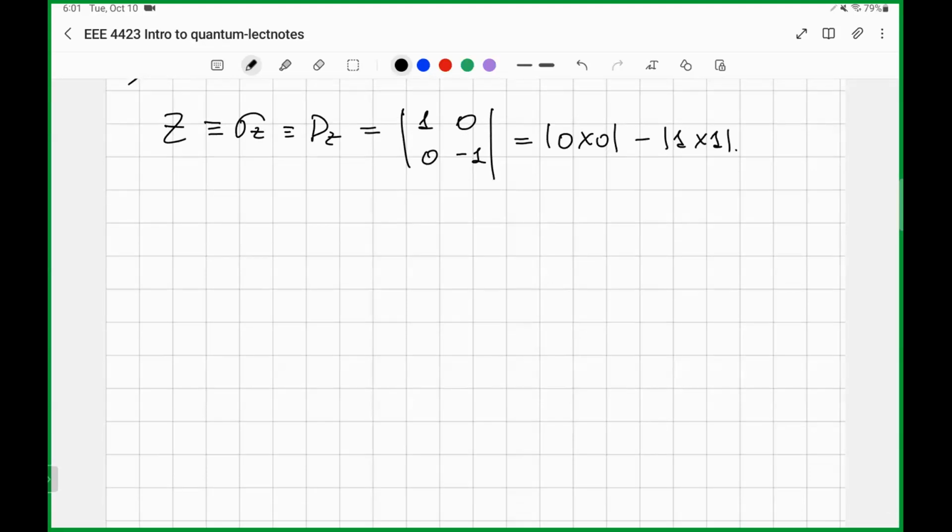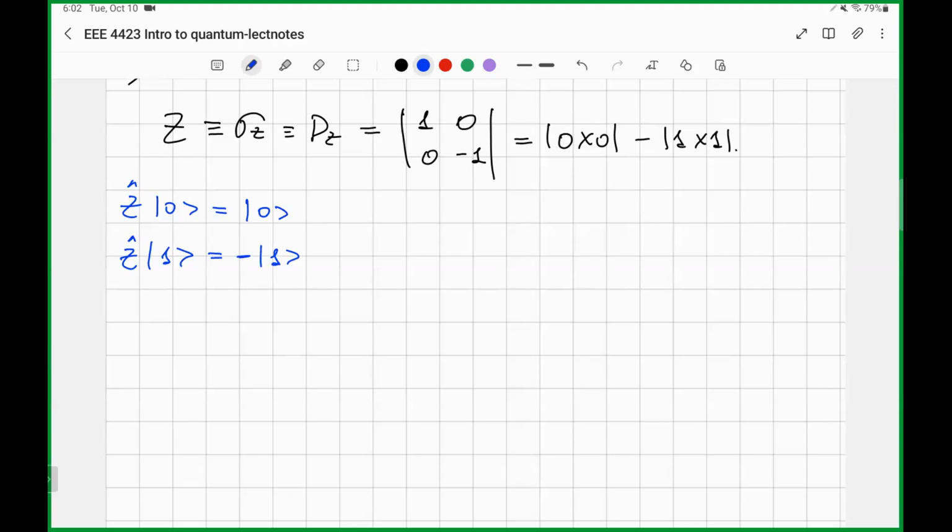So what happens when I apply this Z on the state 0? Again, I get just 0. It's pretty clear, right? What if I applied Z to the state 1? I get minus state 1.